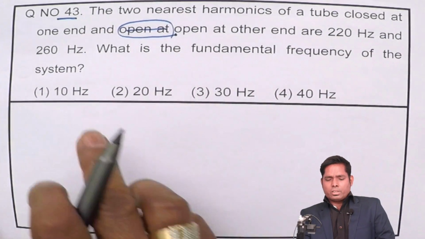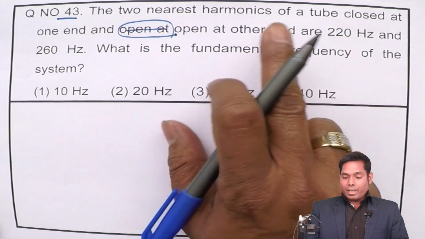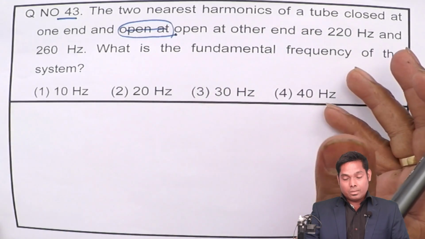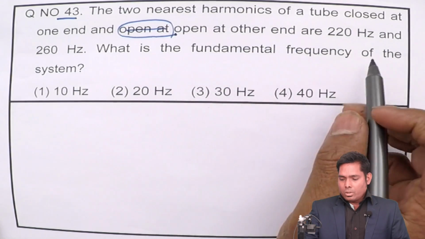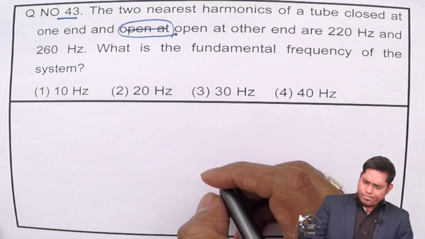So the higher harmonic is 260, the lower one is 220. But they are the nearest harmonics, so one after another. And what is the fundamental frequency of the system?